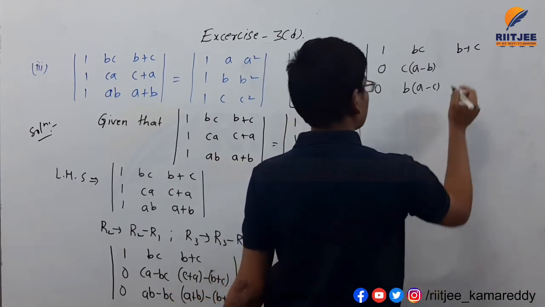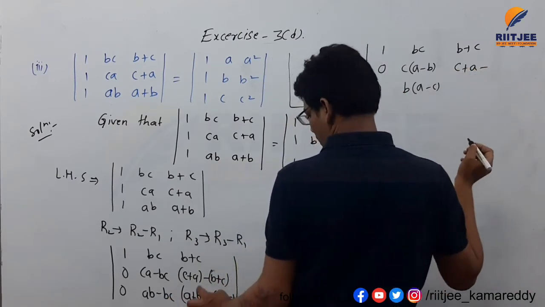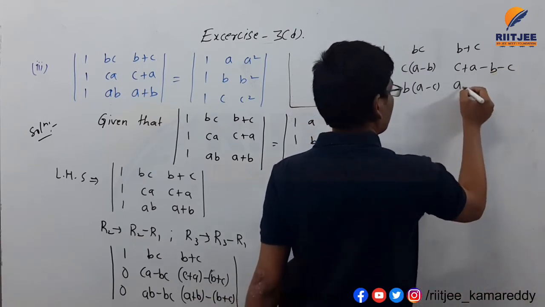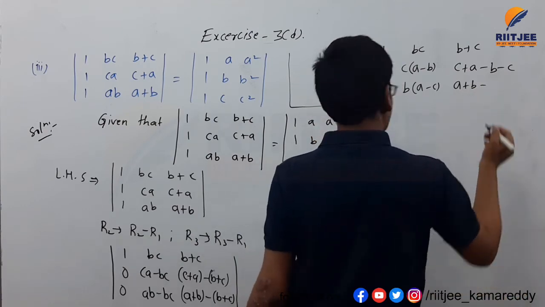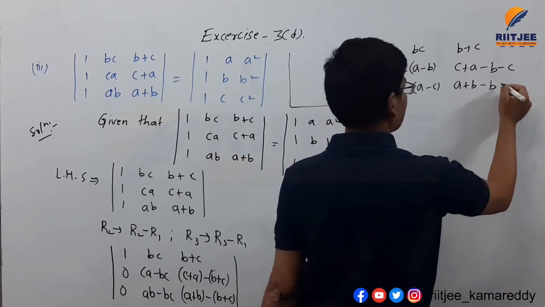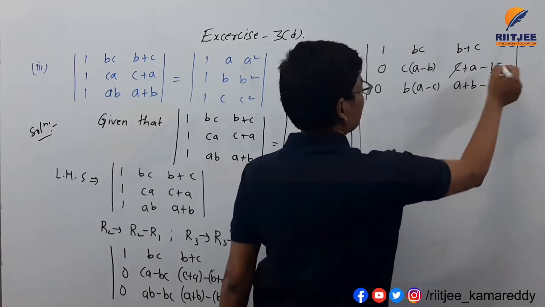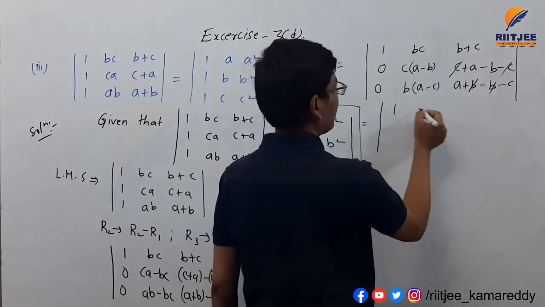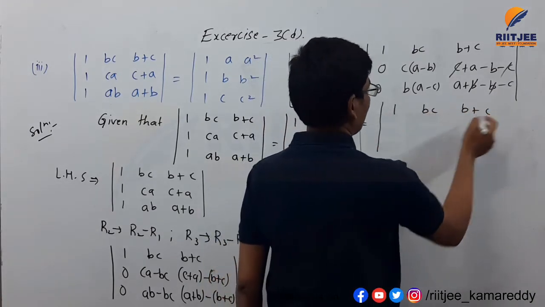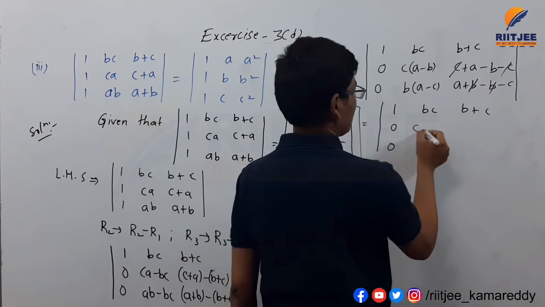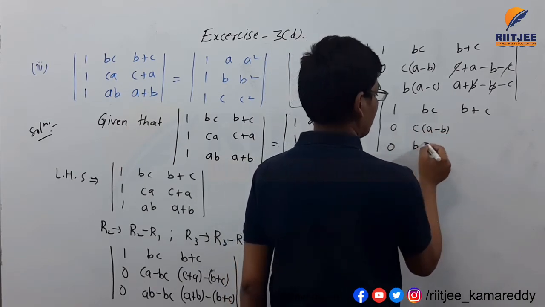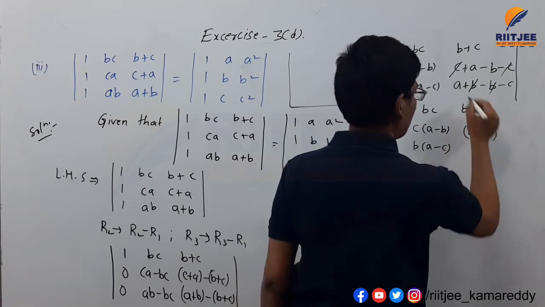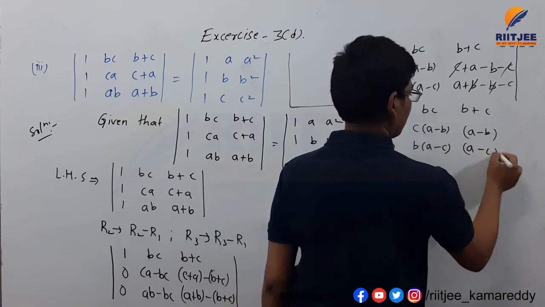I am multiplying here C plus A minus of minus B minus C, and A plus B minus of minus B minus C here, and plus B minus B get cancelled here. The final one is 1, BC, B plus C; 0, 0, C of A minus B into B of A minus C, here A minus B and A minus C. This is the final determinant.